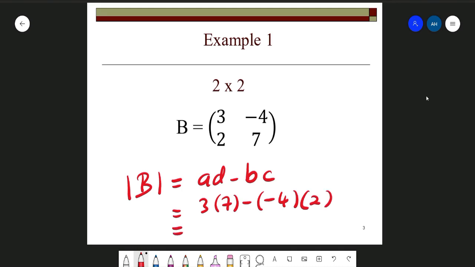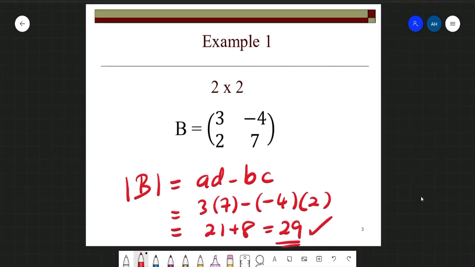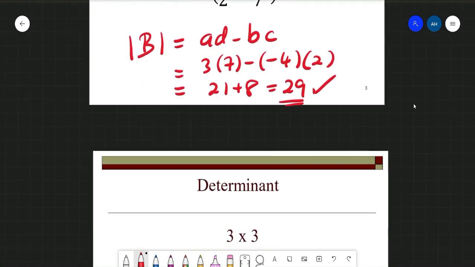So we have here 21 plus 8. This is equal to 29. As you notice in this example, the determinant of a matrix is always a number, like 29. So this is an example of finding the determinant of a 2 by 2 matrix.